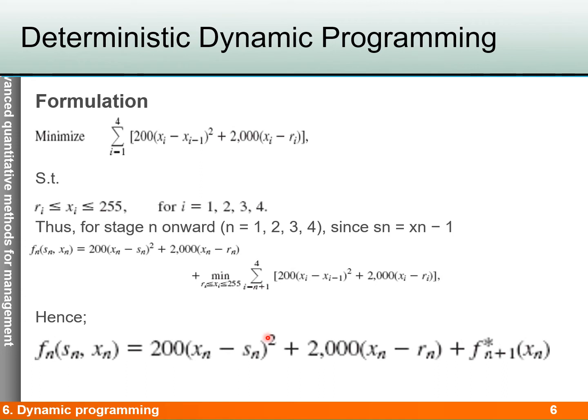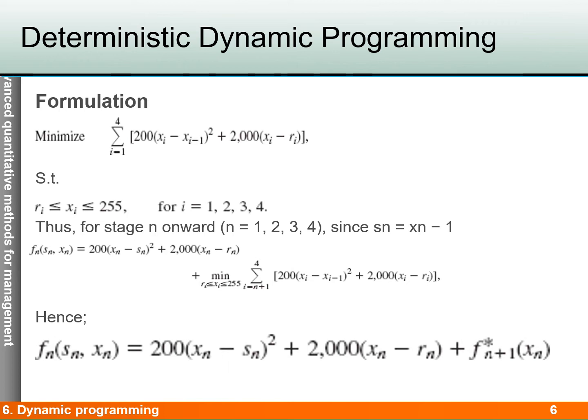And as we discussed, Sn, the availability of stage n, is exactly equal to xn minus 1. Okay, that comes as a decision from the previous period. What we decide for the autumn remains for the actual season, for example winter in this small example. So let's go forward with the solution.